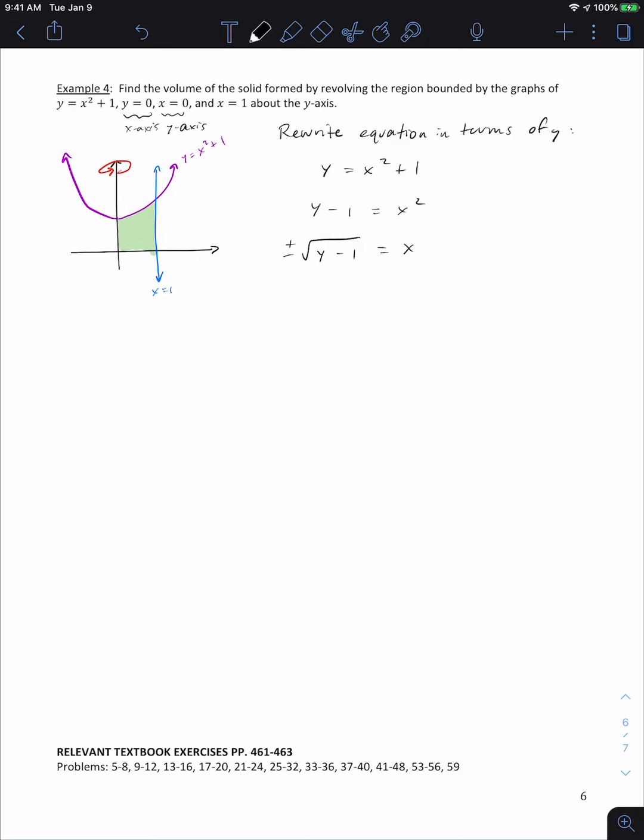But notice here that we are on the right side of the y-axis, so we only need the plus. In other words, our equation becomes x is equal to the positive square root of y minus 1. This part right here is the negative square root of y minus 1. This part right here is the positive square root of y minus 1.